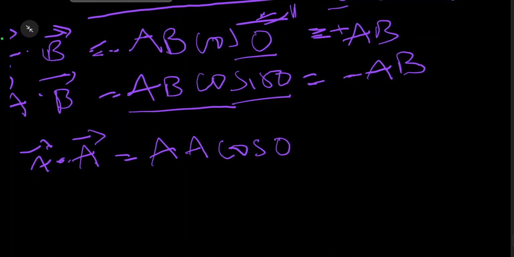Now why do we have cos 0 here? We have cos 0 because these are two same vectors, and for the fact that they are the same thing, they are at angle 0 to each other. So it's simply A times A, if you are multiplying two same vectors, and A times A is equal to A squared.